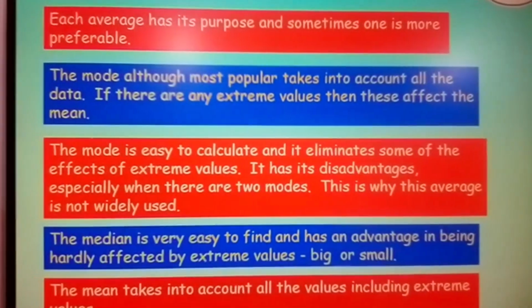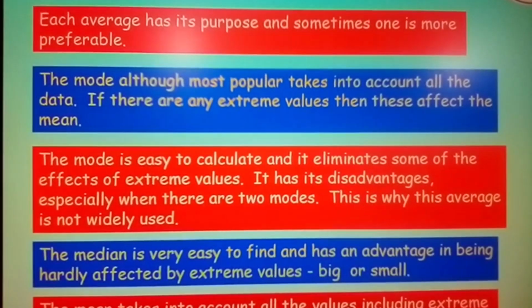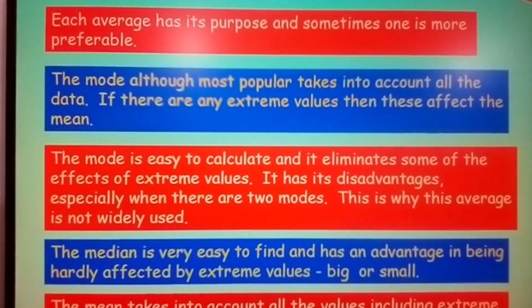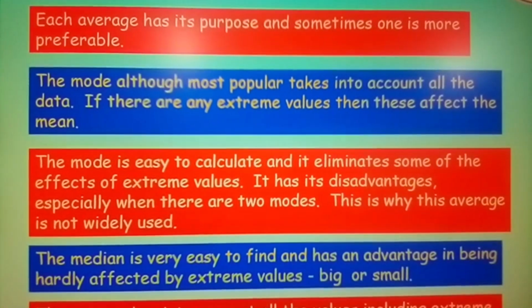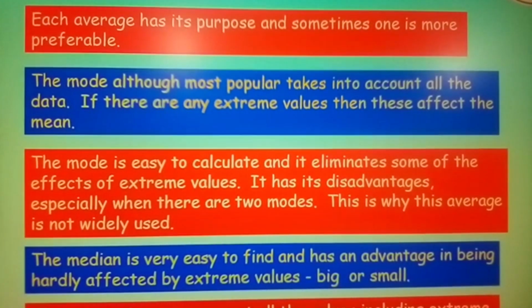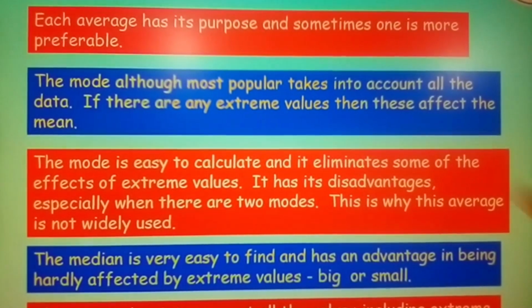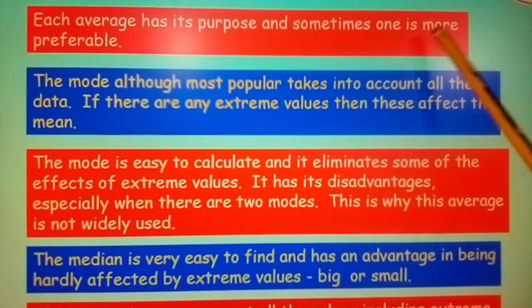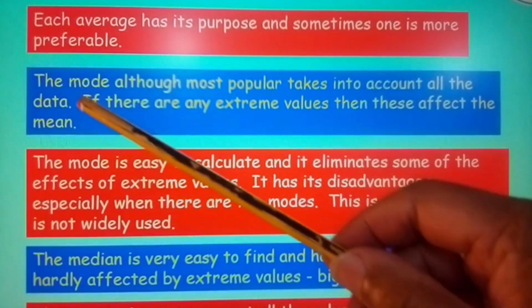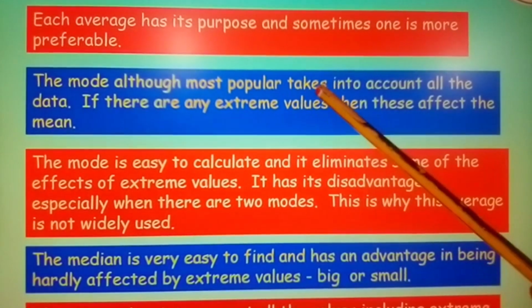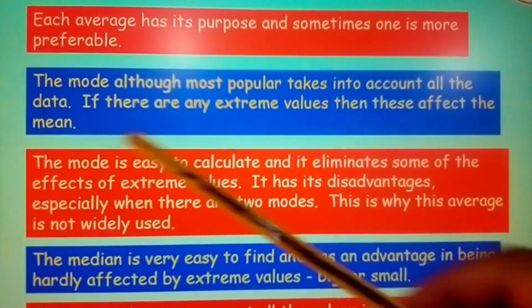Now let's just make sure we get this in view. Now each average has its purpose, and sometimes one is more preferable. The mode, although most popular, takes into account all the data.